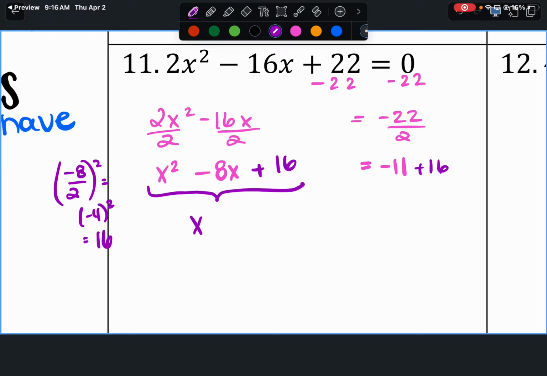Can I take the square root of 5? Can I simplify it? So I just write it down. All right, what do I do from there? So we have x is equal to 1 plus or minus the square root of 5. And that is all we got to do.